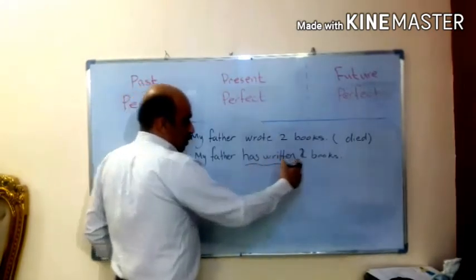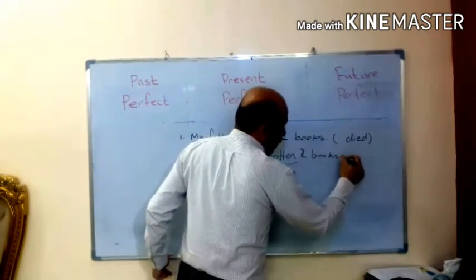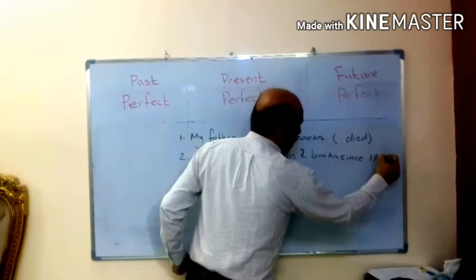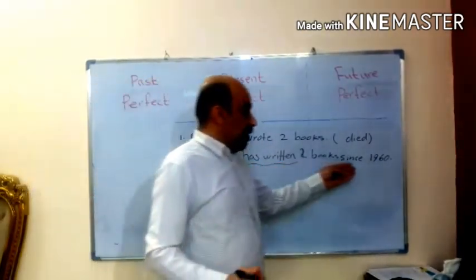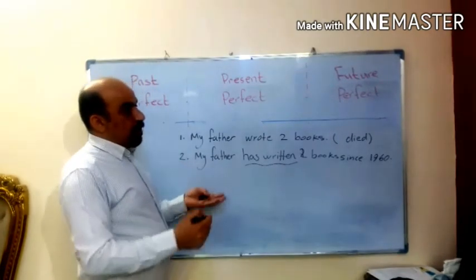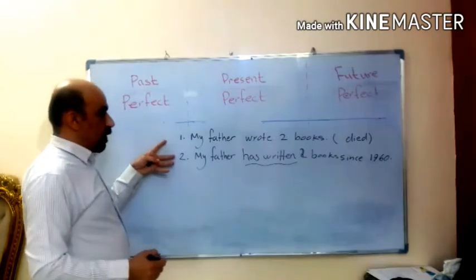We can complete this sentence with, for example, since 1960. My father has written 2 books since 1960 and has the ability to write other books. This is the difference between them.